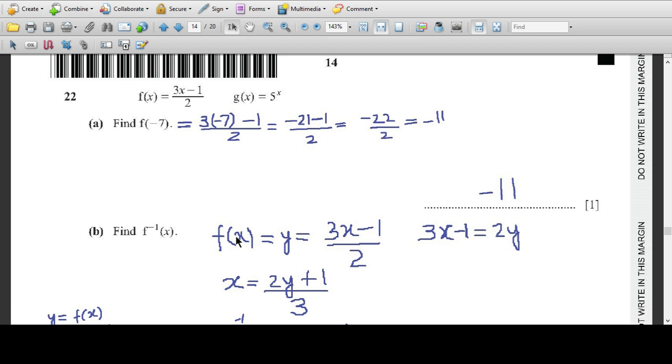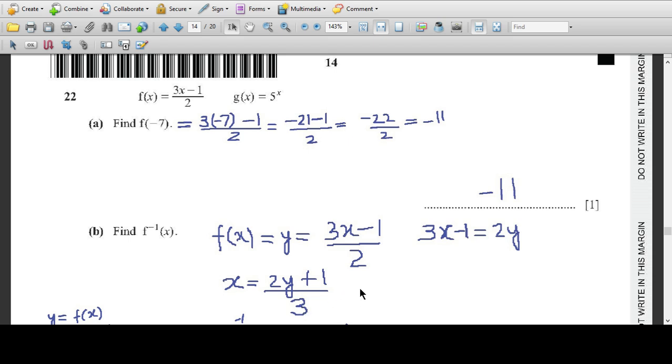So for f inverse of x, f(x) is considered as y. So y is equal to this 3x minus 1 upon 2. From this part, this 2 is multiplied with this y, and 3x minus 1 is equal to 2y, and x is equal to 2y plus 1 upon 3. This 1 is placed on the other side, so 2y plus 1 and divide by 3.